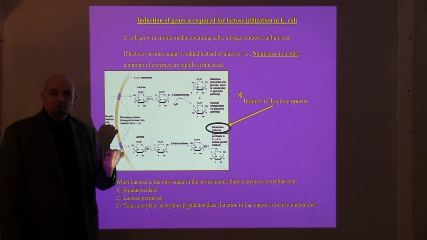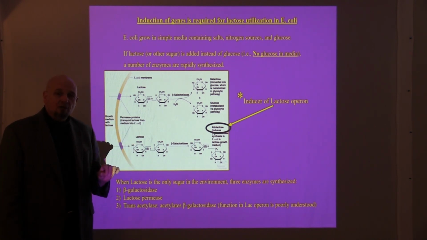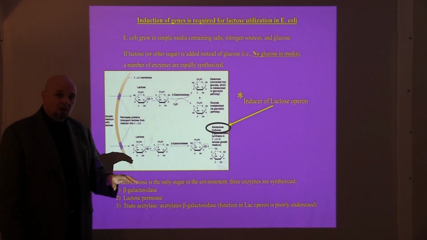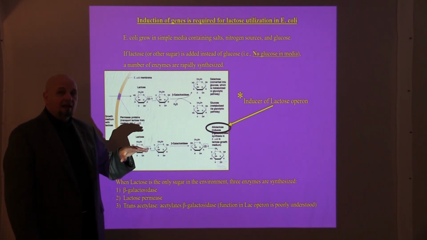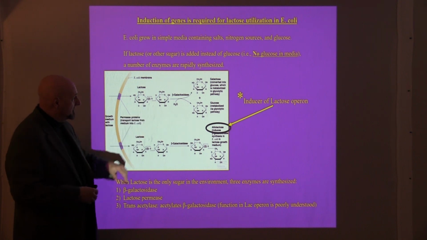Their job is to be in that low concentration. Their job is to respond to the environment if there's a change. If there's suddenly no glucose and it's all lactose, then they're fired up and they start to activate their own gene expression by making these modifications of the lactose.